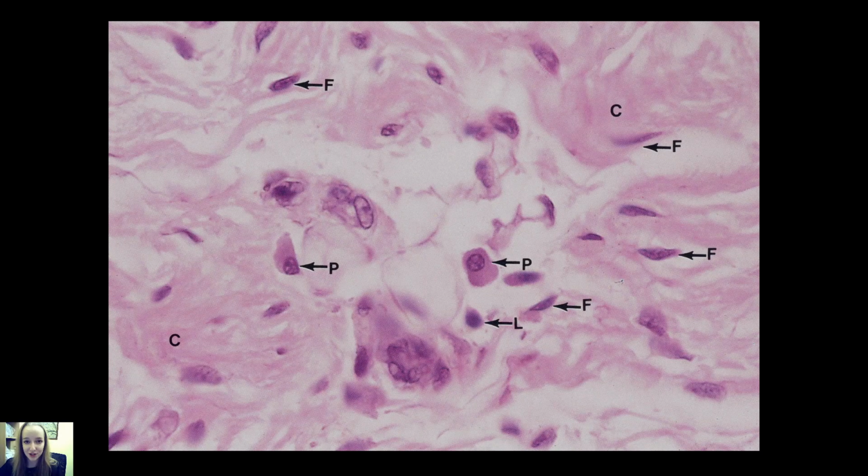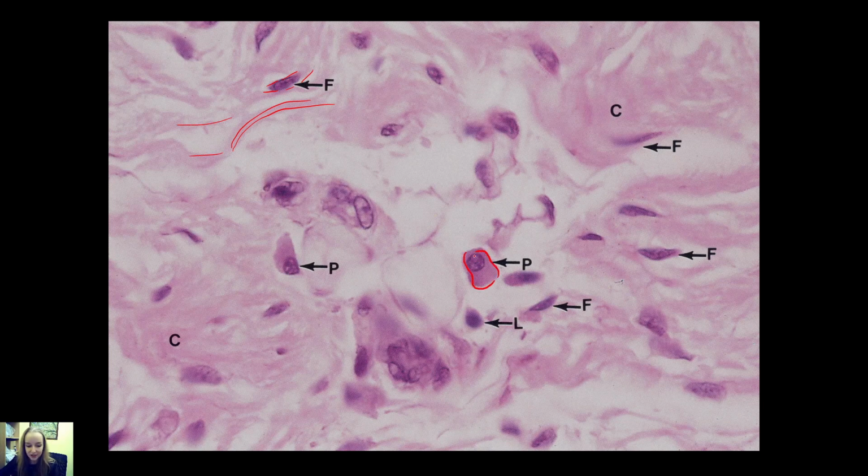Well, we have this picture from loose connective tissue right here. So we have nice fibroblasts over here, spindle-shaped cells. This is collagen all around, collagen fibers, and these are the plasma cells.